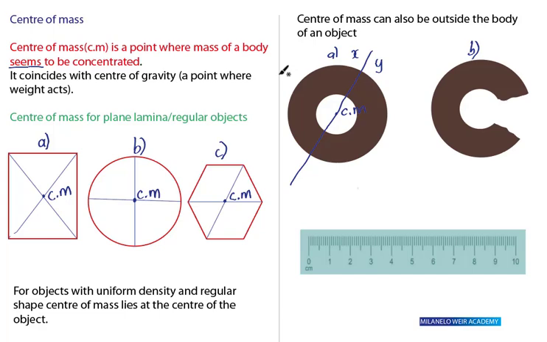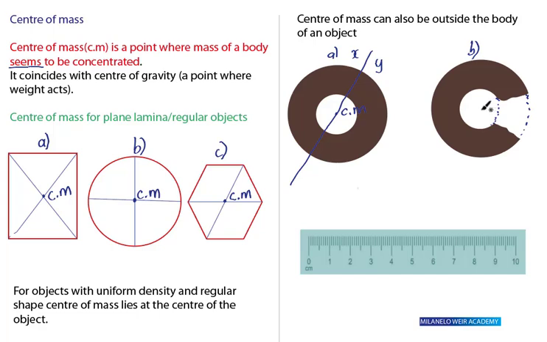So if we look at this diagram B, we see that some portion of this ring in A has been removed. So that has to shift the center of mass, the midpoint.